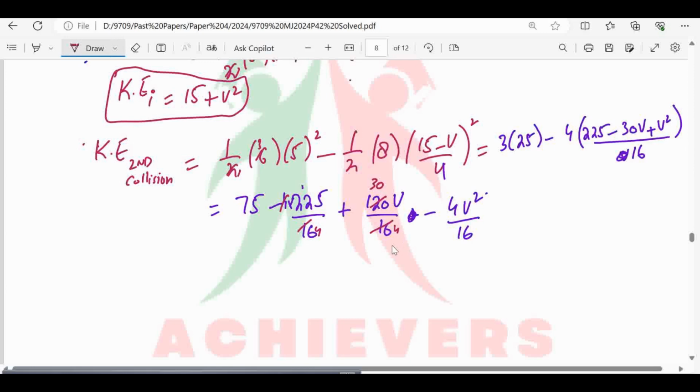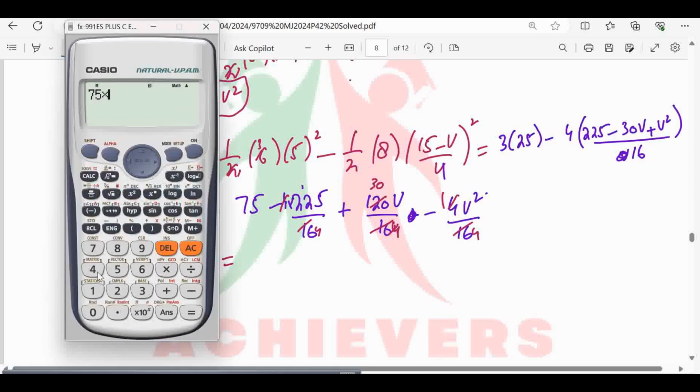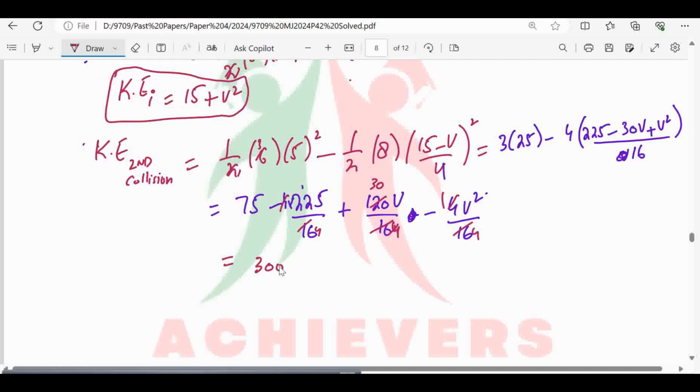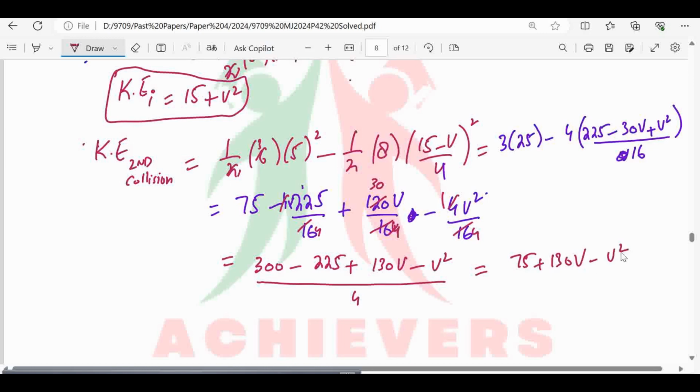Now if we take the LCM, 75 into 4 will be 300, so 300 minus 225 plus 30v minus v squared, whole divided by 4. 300 minus 225 is 75, so we can use it as 75 plus 30v minus v squared, whole divided by 4.